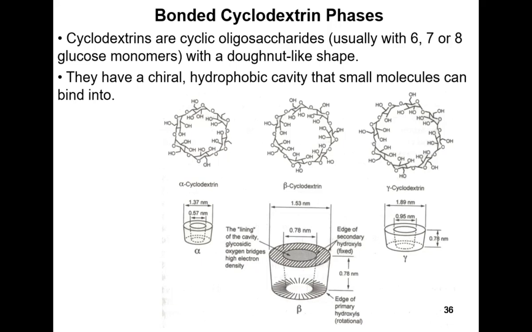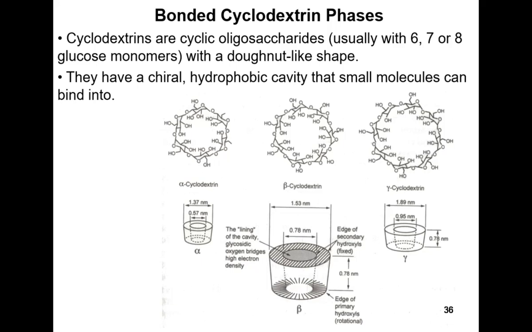The hole in alpha-cyclodextrin is too small for most molecules to fit into, but lots of small molecules can fit neatly into the beta-cyclodextrin. Gamma-cyclodextrin is a bit bigger, but it's a little bit more flexible, and so it folds up a little bit more.